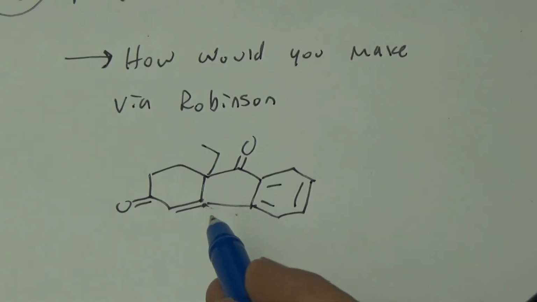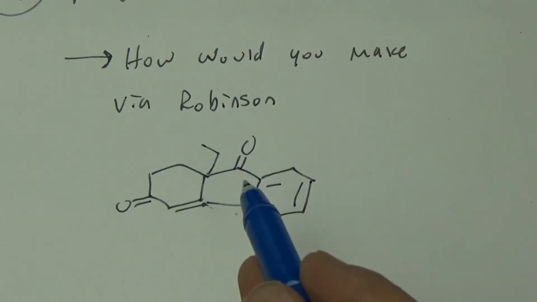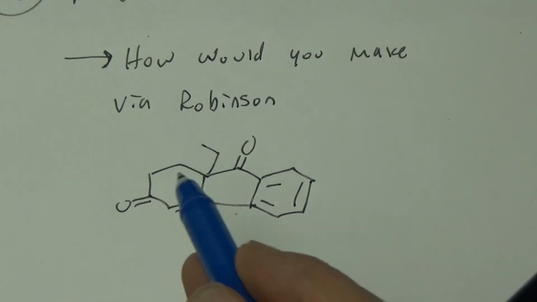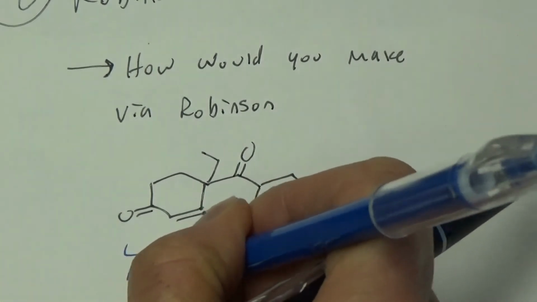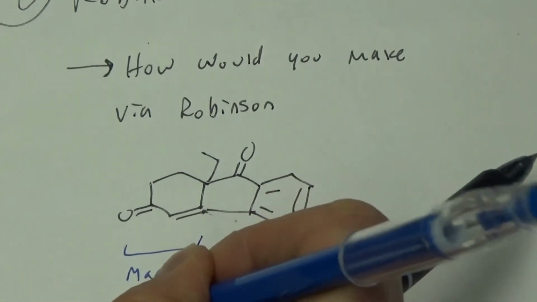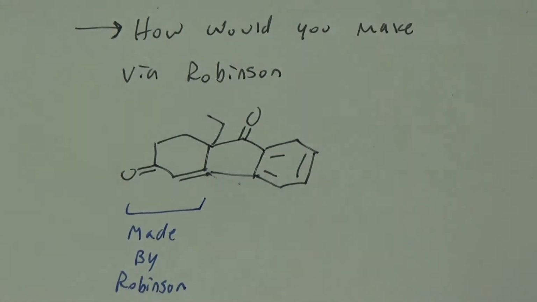So the middle ring is a 5-member ring, and it is not being made in the Robinson. What's likely, and pretty much guaranteed, is the left ring is made by the Robinson. That's a rule. You will never make anything but a 6-member ring by Robinson.